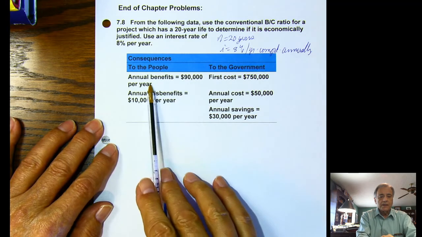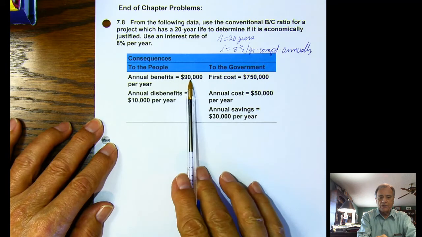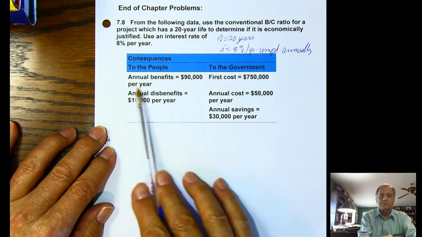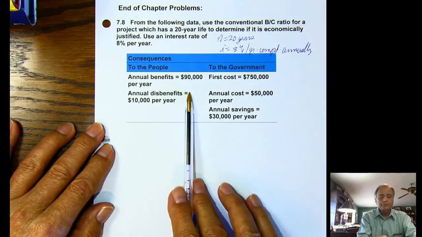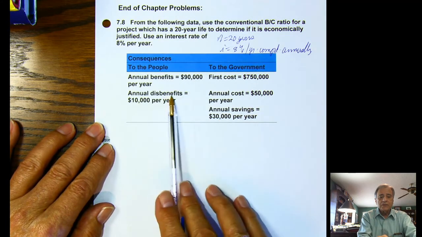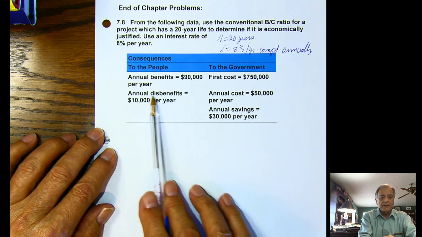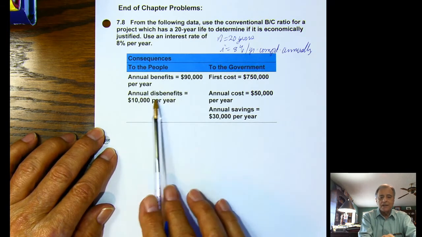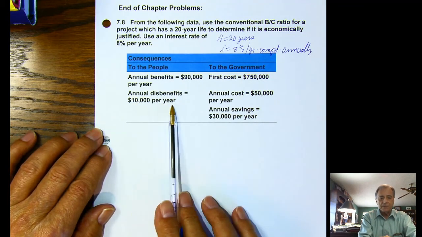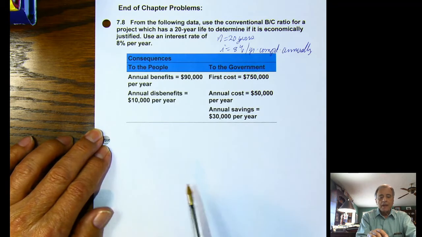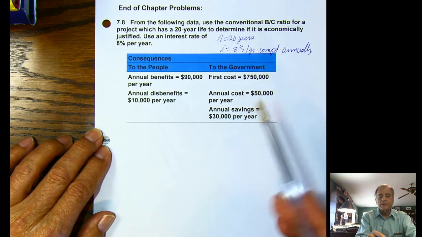Here you have the consequences to the people. You have annual benefits of $90,000 per year, and that's going to be for that 20-year period. And you have annual disbenefits, not disbursements, disbenefits of $10,000 per year. So that's a disbenefit. And these are both annualized, annual A series.